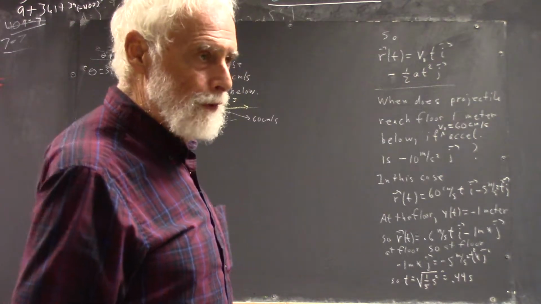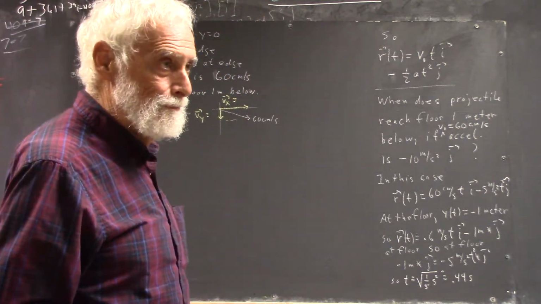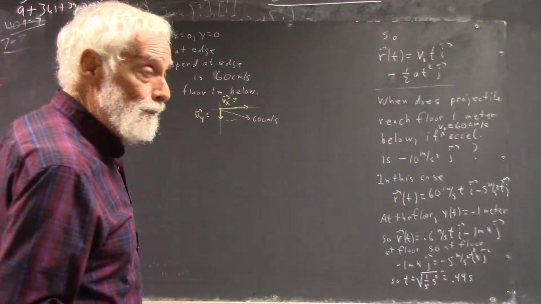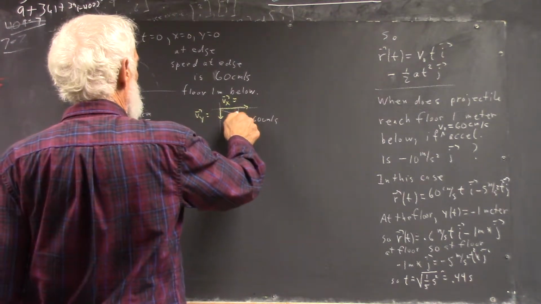Cosine of 37 degrees is very close to 0.8, sine is very close to 0.6. So we're going to make that approximation. So this angle here would be 37 degrees.